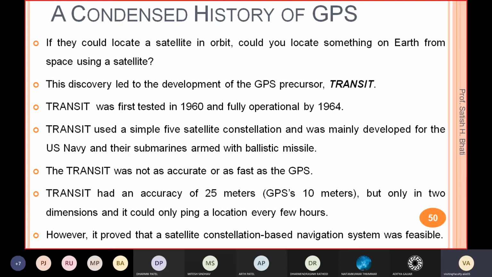So these are the comparisons between GPS and Transit. But still, Transit proved that a satellite constellation based navigation system was feasible. You can develop a technology that can be used for navigation purposes. So the technology is feasible.